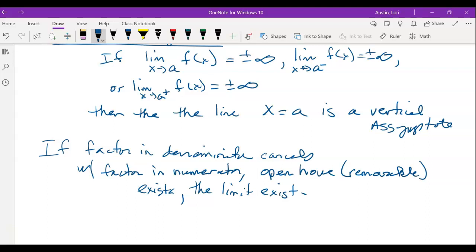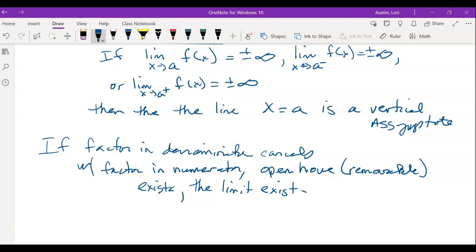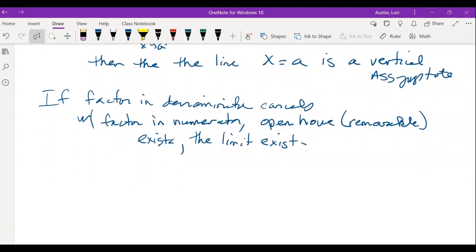So don't forget that. It's all written in the notes. If the factor in the denominator cancels with the factor in the numerator, you have an open, removable hole, and the limit exists. Okay?